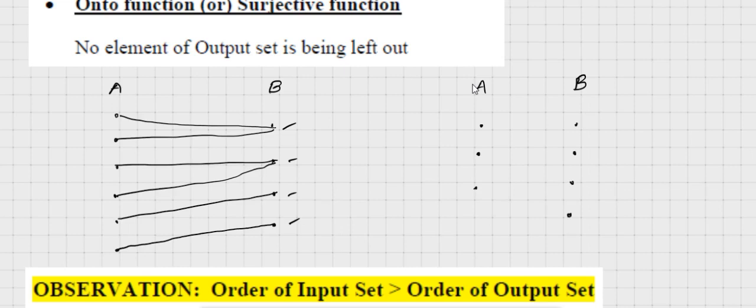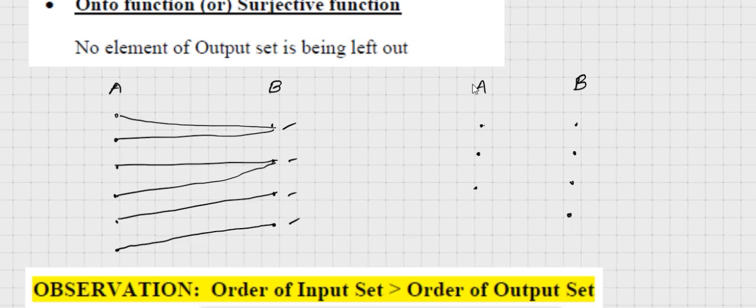Is there any possibility for an onto function here? Not at all possible. Why? Because here in the output set it is having 4 elements. So I need a minimum of 4 elements here to satisfy the definition of a function itself.